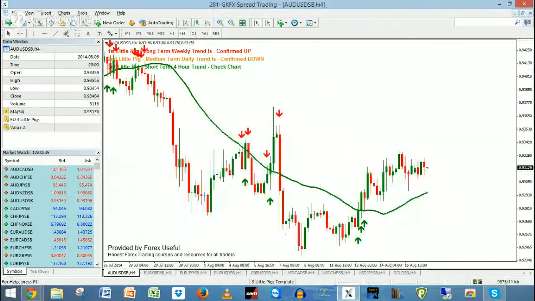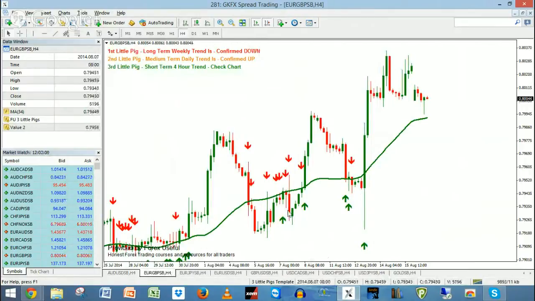So the next likely move here is that we get a signal to the upside. Those that have taken the one-on-one, obviously you can take the late entry if you wish, or you can wait for the pullback and then a new signal. Entirely up to you how you adopt the strategy.